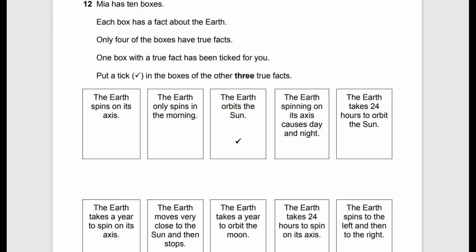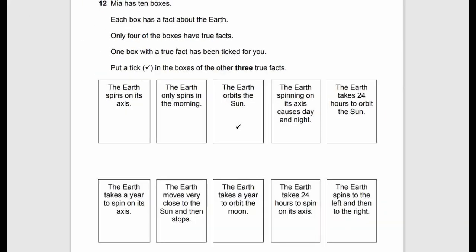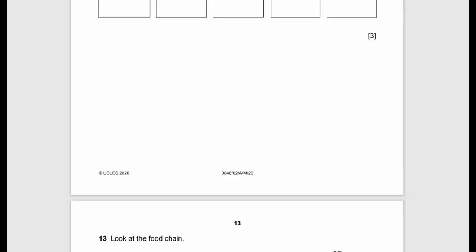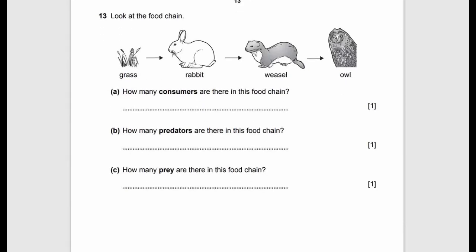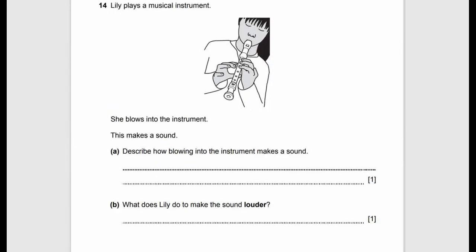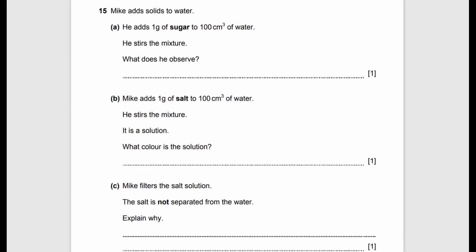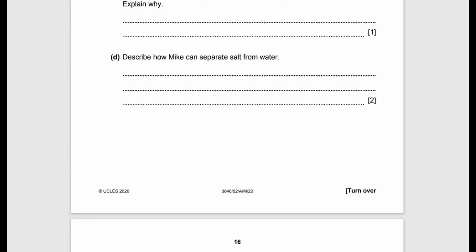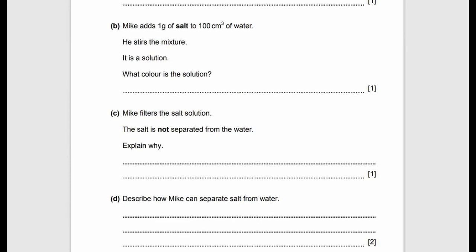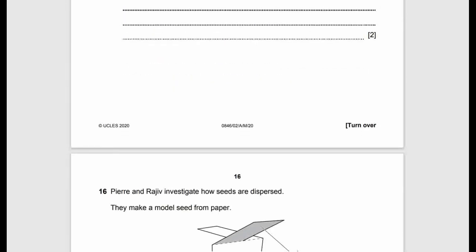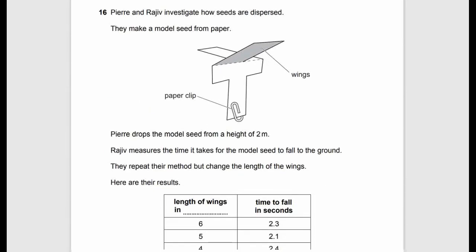Let me zoom out to show the whole of question 12. This will be question 13. This is question 14, A and B. This is question 15, A, B, C. And this is question 15D. And this is question 16.